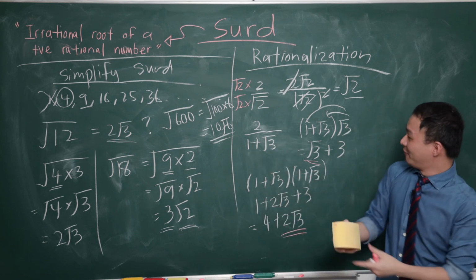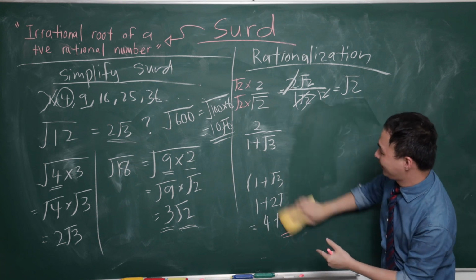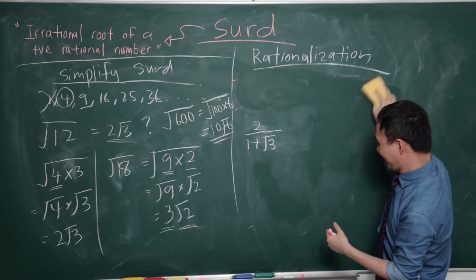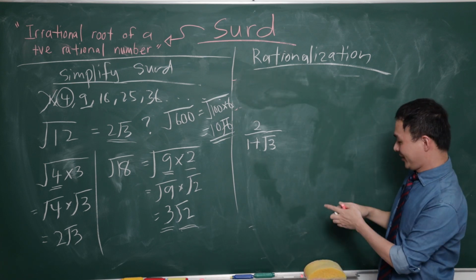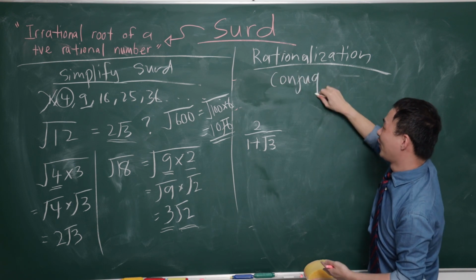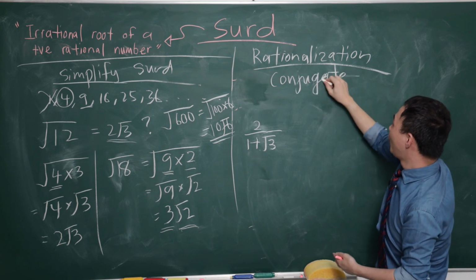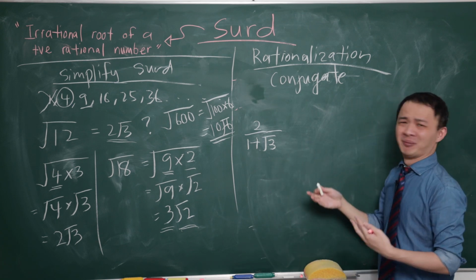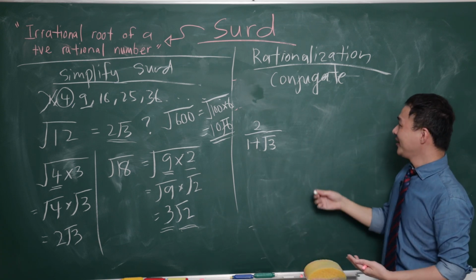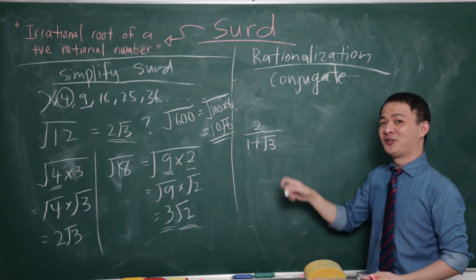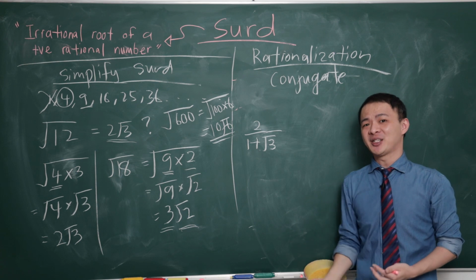So, the mathematicians actually found one method to solve this. They call it conjugates. I hope I pronounced it correctly. So what conjugates do is, you already learned this in Form 2 or Form 3, one of the easiest ways to square both of these: doing a plus b multiply a minus b.